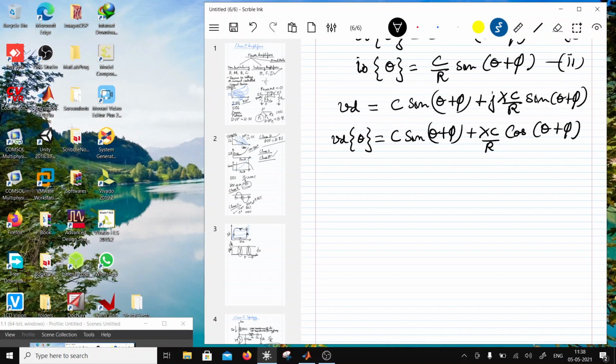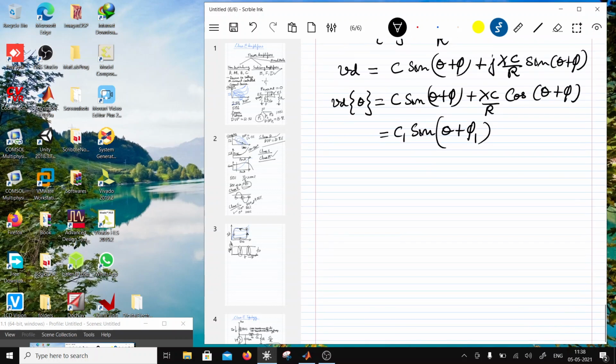Okay, so now I can also write this as C1 sine of theta plus phi 1. Okay, so now I can express this with xi, right? So phi 1 can be written as phi plus xi.